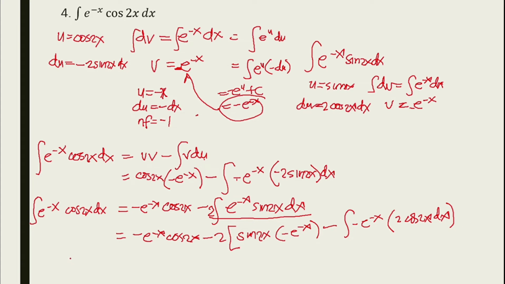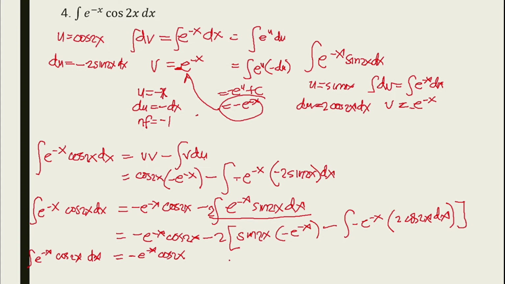So we have here the integral of e raised to negative x cos 2x dx is equal to negative e raised to negative x cos 2x, and we have to simplify because this 2 is for all terms here.